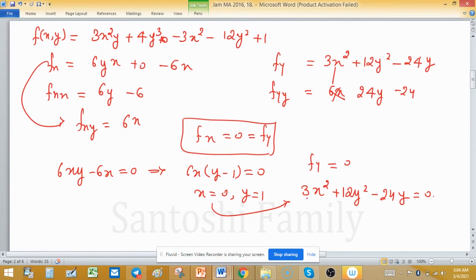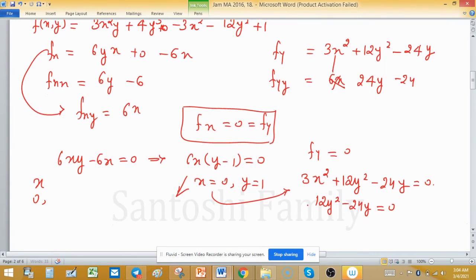Put x equal to 0 in this one, then 12 y square minus 24 y is 0. 12y is common, so y into y minus 2 equal to 0.